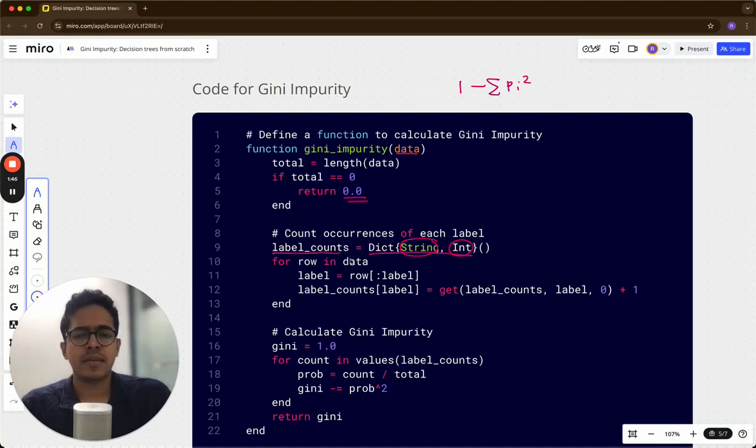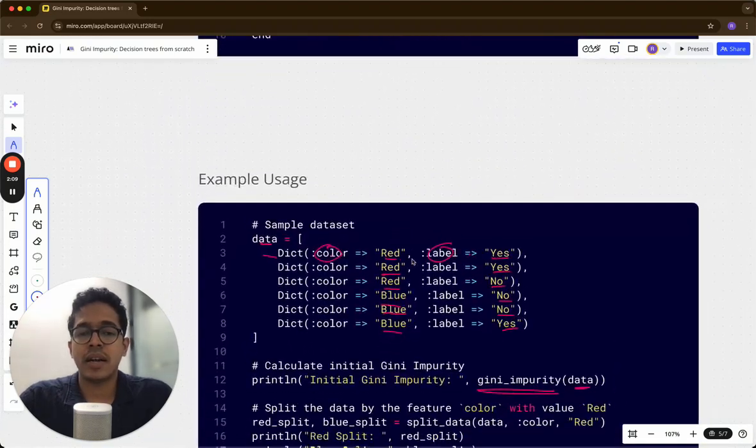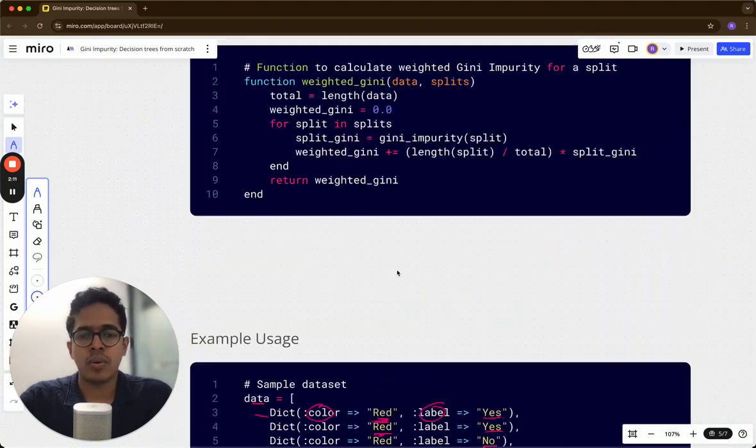Let's start counting how many yeses and how many no's there are for every corresponding label, right? So for row in data, meaning the data, which was the dictionary, which had 6 rows, we are now looping over each row one by one. Label is equal to the label of that particular row. And the label of that particular row is the color, whether it is red or blue, right?